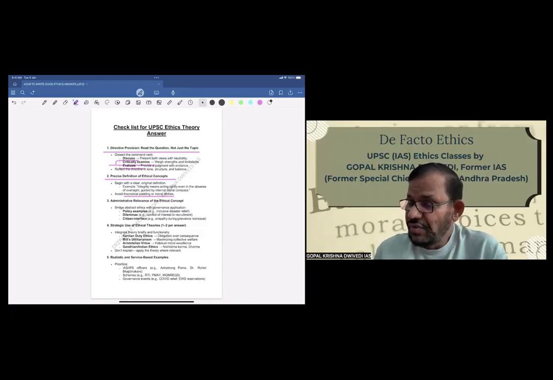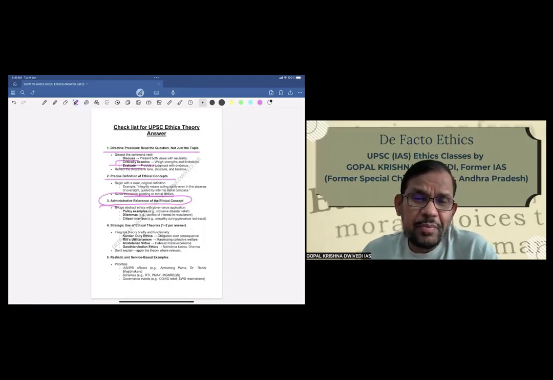Then, which I keep on telling again and again, and it's very, very important: in every question, to the extent possible, you have to mention the administrative relevance of the ethical concept. If you don't do that, you are going to lose marks, and if you do it, it will definitely upgrade the quality of your answer. For example, you can give policy examples, actual examples of dilemmas, and mention the citizen interface.